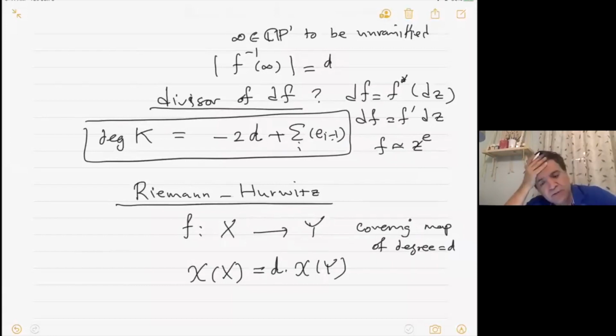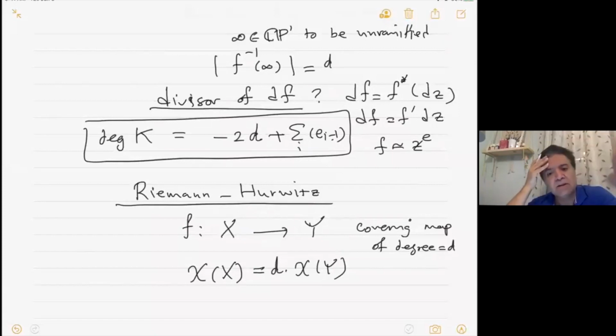Why? Because if you do a triangulation on Y, it has some number of vertices, some number of edges and some number of two cells. If you pull it back using f, each of these will be multiplied by d. If you have k points, it will become k times d points on X. If you have k prime edges, it becomes k prime times d edges on X, and so on.